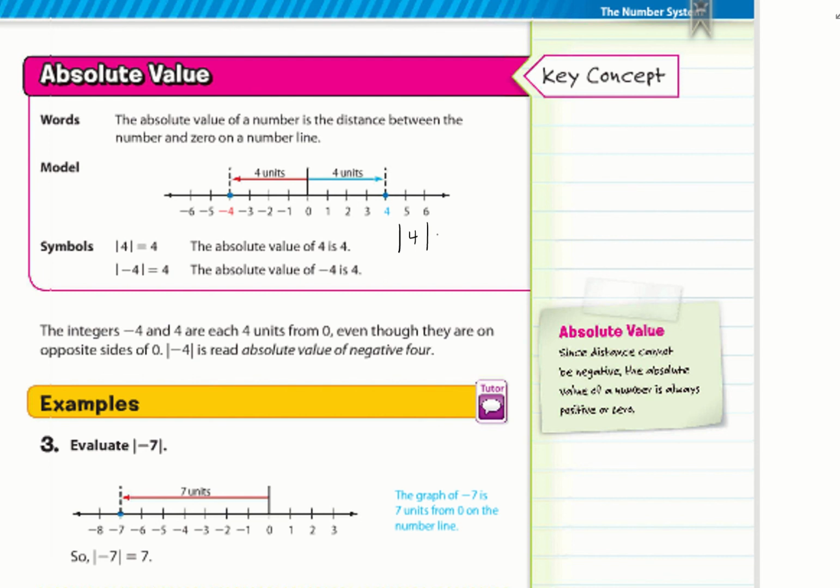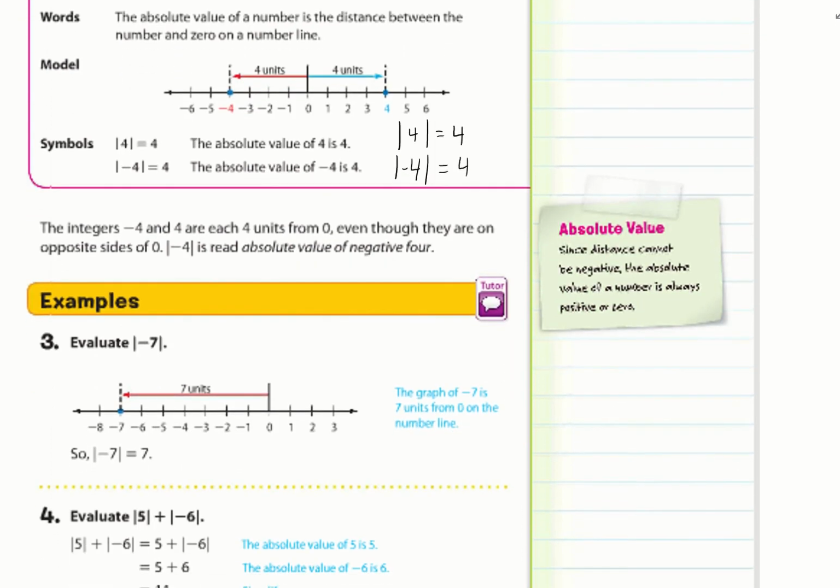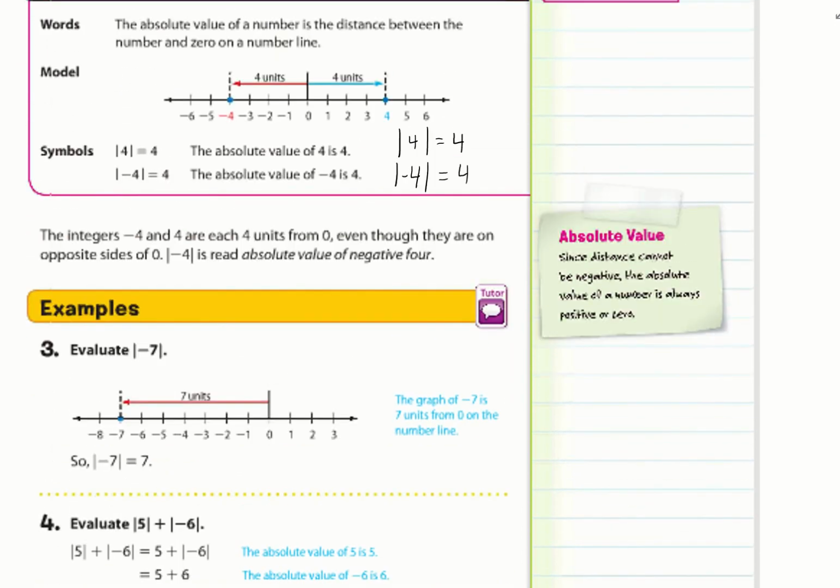So the absolute value of 4 is going to be 4 units away from 0. So the absolute value of 4 is 4. Now the absolute value of -4, that is also 4 units away from 0. So the absolute value of -4 is going to be 4. So if you notice, both of our answers are the same, and absolute values will have positive answers.